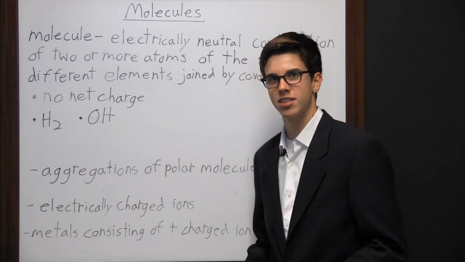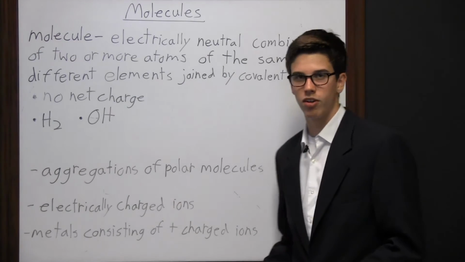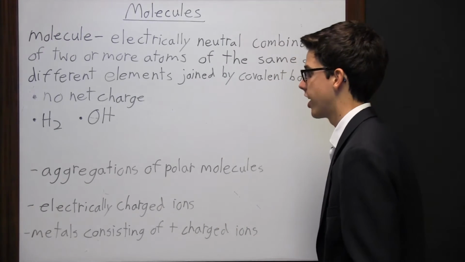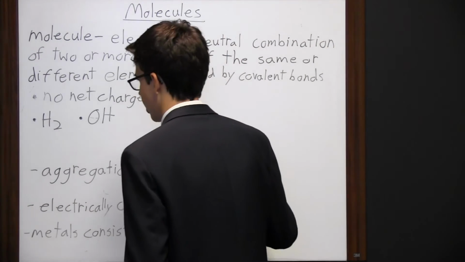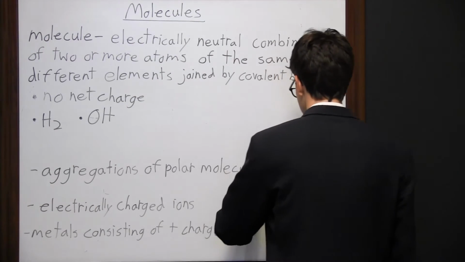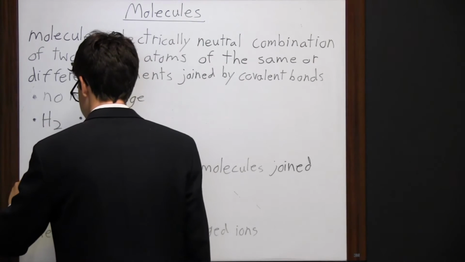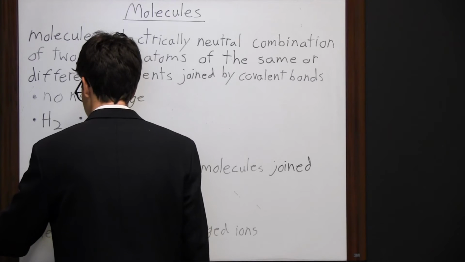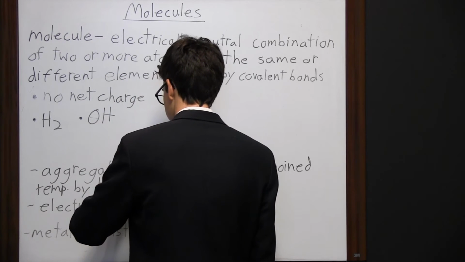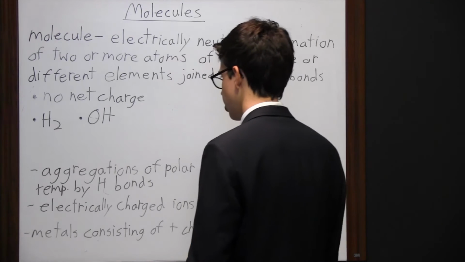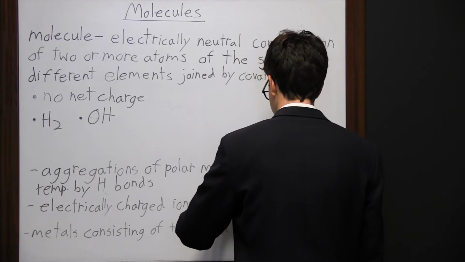Now, there are some substances out there, three in particular that I want to highlight, that you may think are molecules which actually are not classified as molecules. So I want to go over those. So one is aggregations of polar molecules joined temporarily by hydrogen bonds. Another example is electrically charged ions joined by ionic bonds.